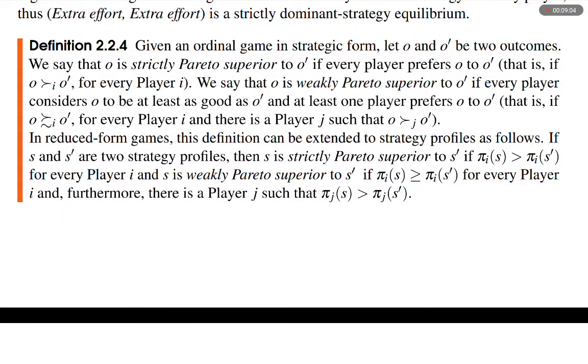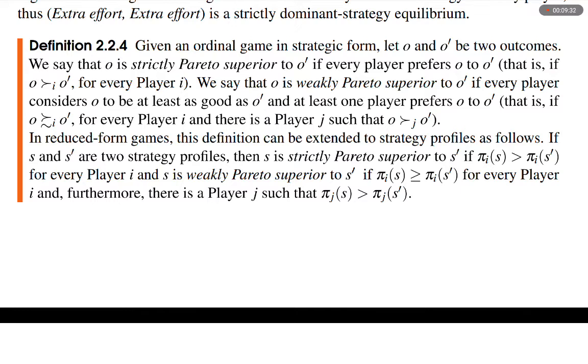Definition 2.2.4. Given an ordinal game in strategic form, let O and O prime be two outcomes. We say that O is strictly Pareto superior to O prime if every player prefers O to O prime. That is, if O is better than O prime for player i, for every player i.